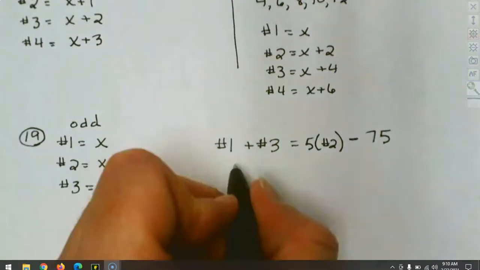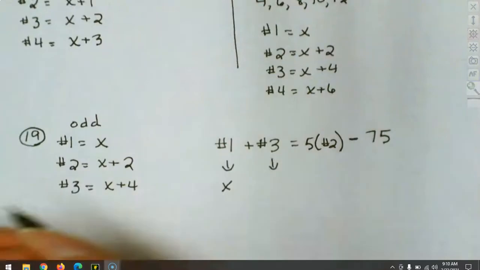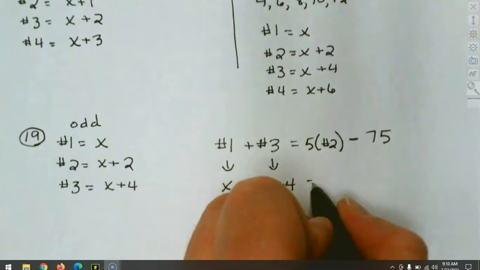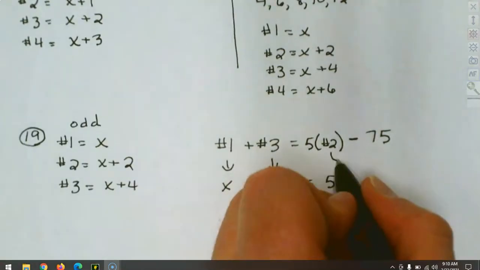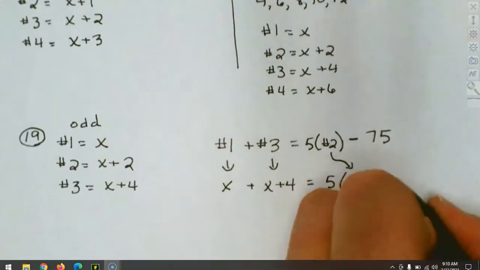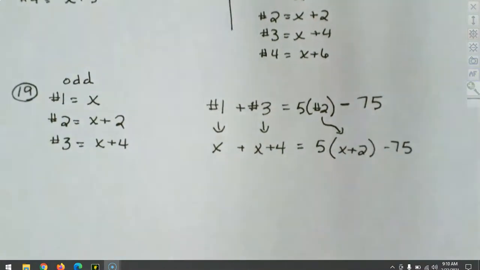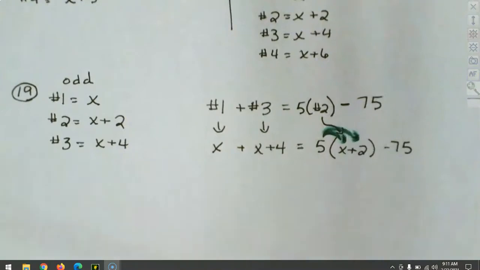So let's go ahead and fill it in. We know our first one is x. Our third one is x plus 4. Then we've got 5 times our second one, which is x plus 2. And then we've got a minus 75. Okay. Go ahead and distribute that 5 through. Combine like terms on the left.